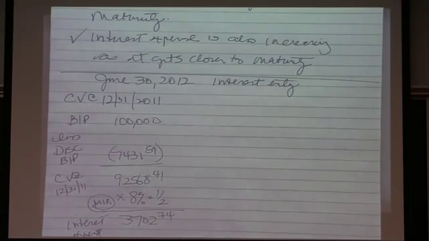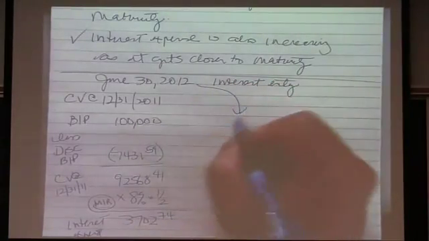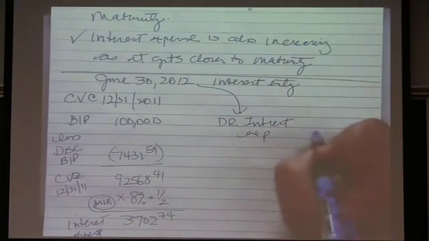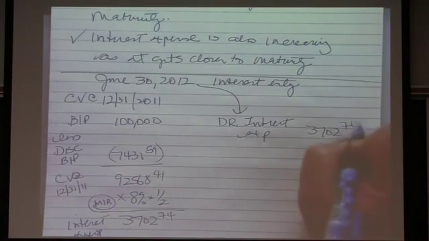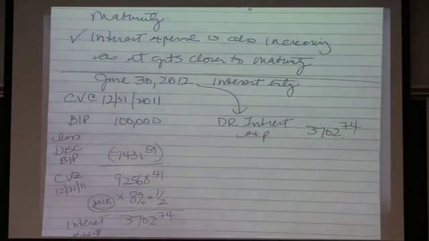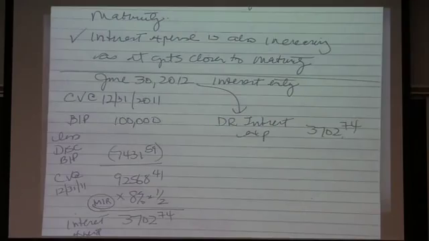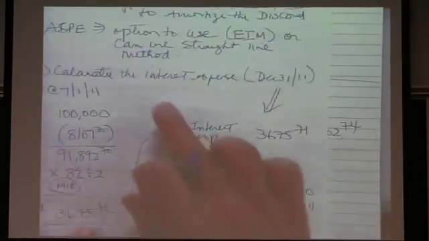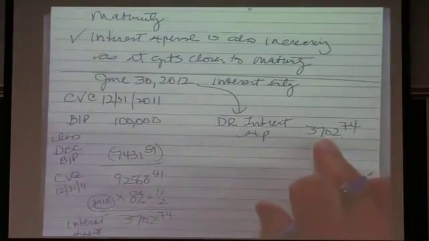So our interest entry as of June is debit interest expense, the calculated amount, and you notice this number is actually greater than the December, the first period, right? So if you look at it, the interest is going up, isn't it? This was our December, this is now our June. It went up.